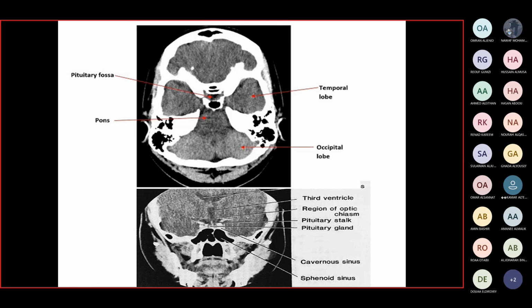When there is an abnormality in the pituitary gland, you have to look at the cavernous sinus to assess for invasion of the cavernous sinus by the abnormality. This is CT axial cut.